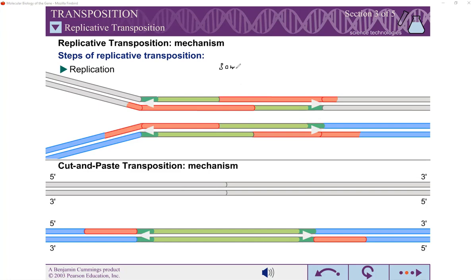Sometimes rearrangements due to homologous recombination can also occur.